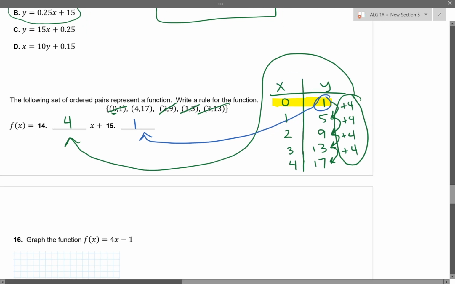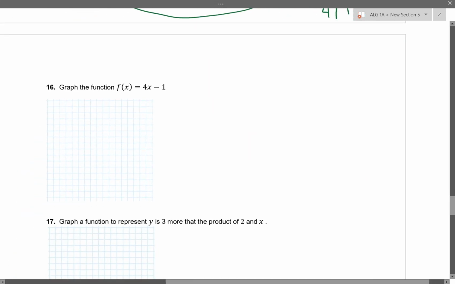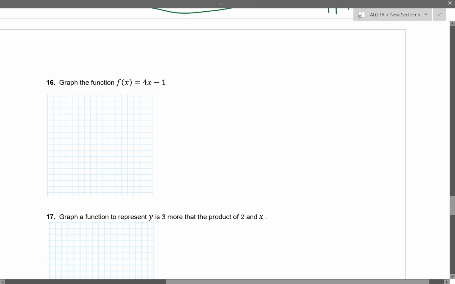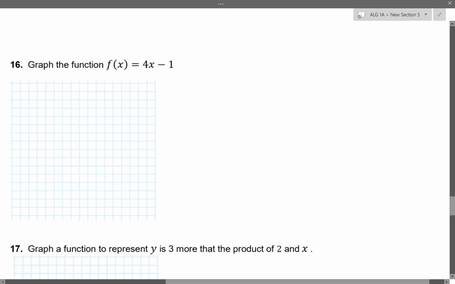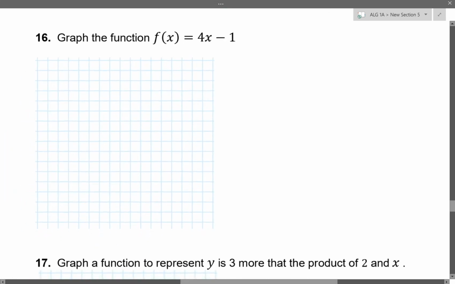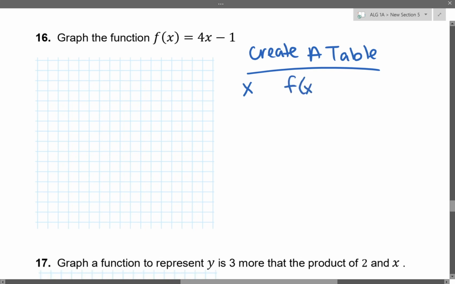Okay, let's move on to graph the function f of x equals 4x minus 1. So, first thing we need to do is create a table. Alright, so remember I only want 3 points. So we start with our x, then we start with our function f of x equals 4x minus 1, and then we have our ordered pair x and y.